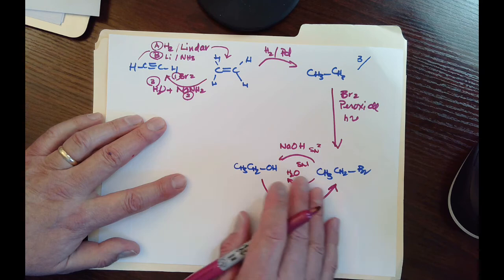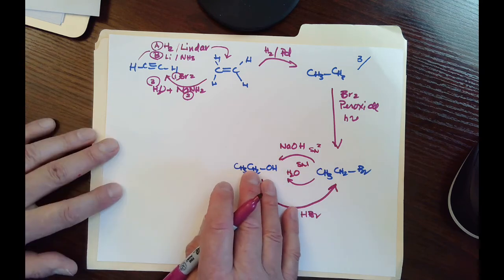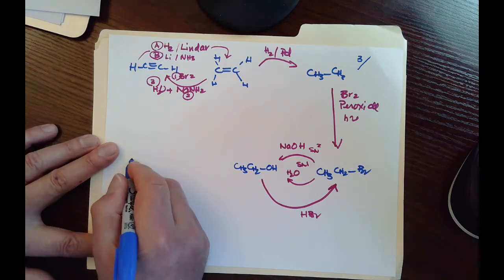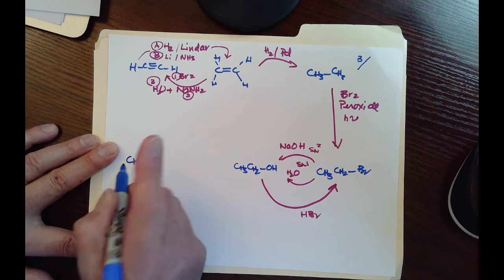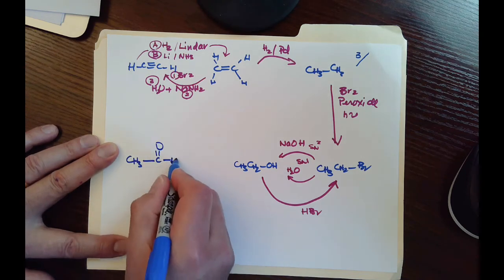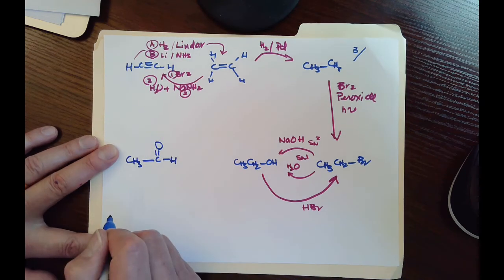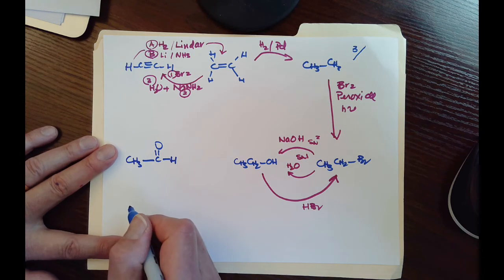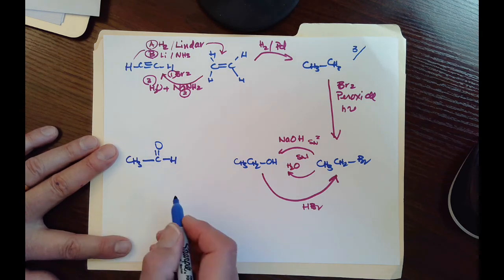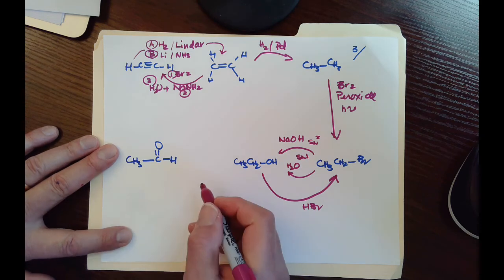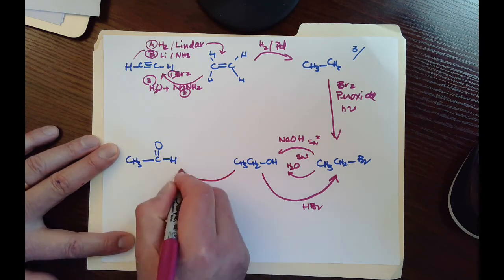So now we're going to go from an alcohol to an aldehyde. So how should I do that? Let's look at that. CH3, 2 carbon units, CHO. To go from the alcohol to an aldehyde is oxidation. So it's an oxidation reaction. Many reagents we can use.